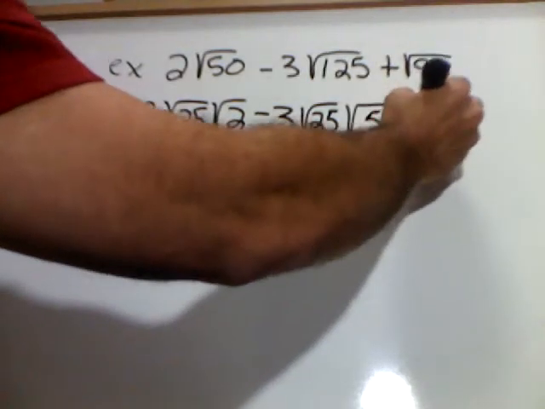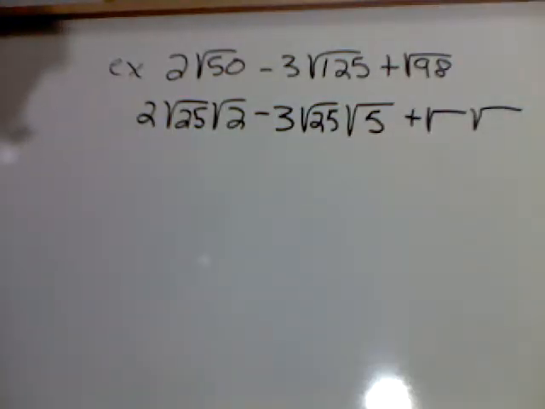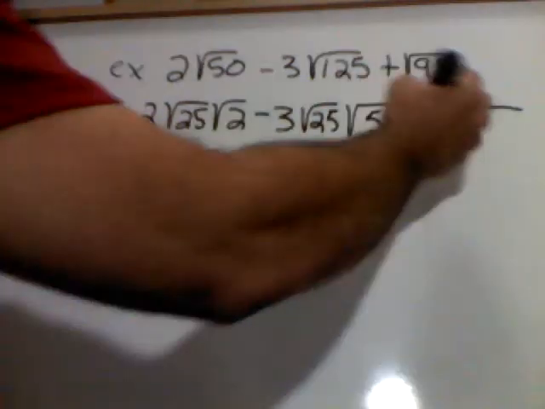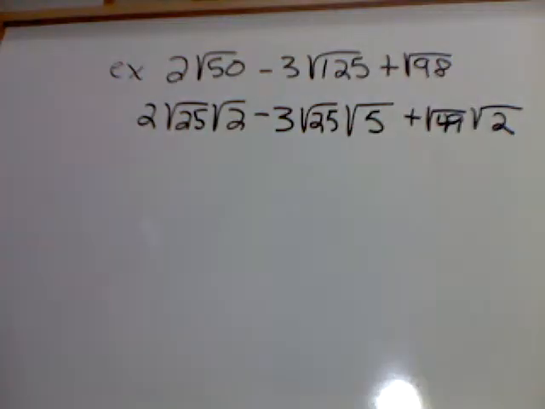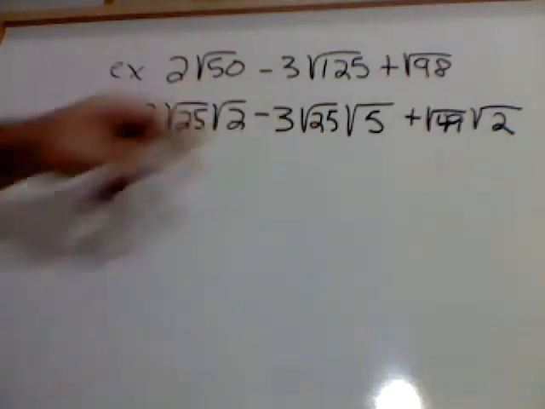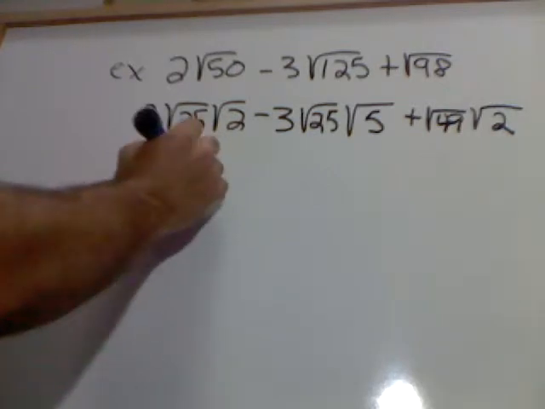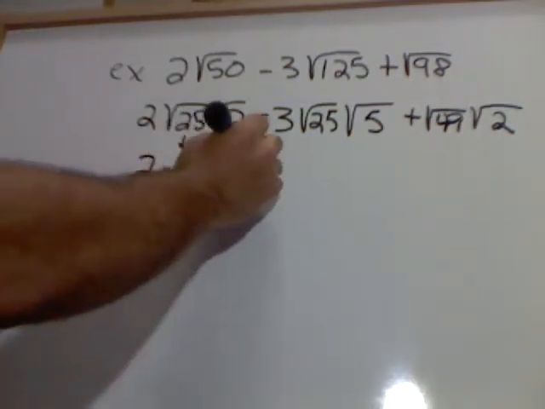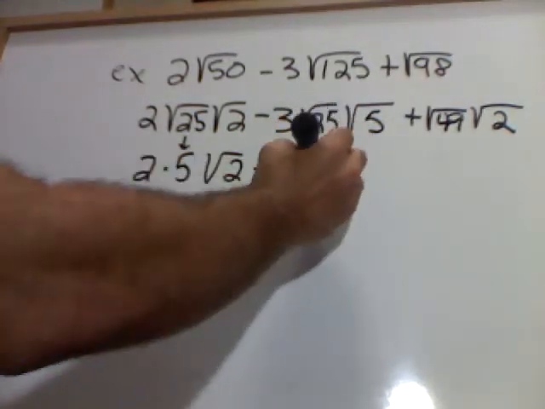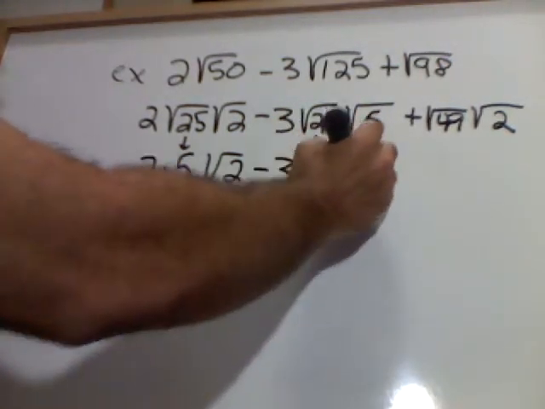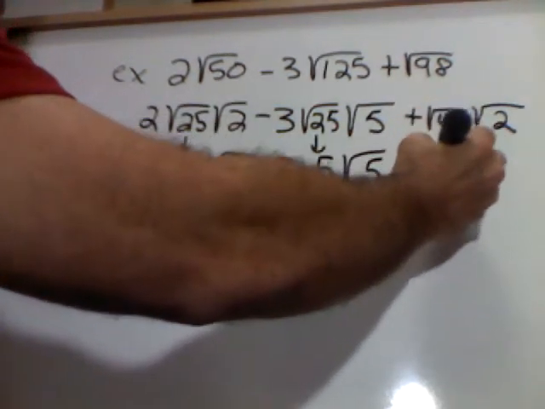And then plus the largest perfect square that's a factor of 98, which is 49, so I'll make that 49 and 2. Alright, these two numbers have a square root. This gives me 2 times 5 square root of 2, minus 3 times 5 square root of 5s, plus 7 square root of 2s.